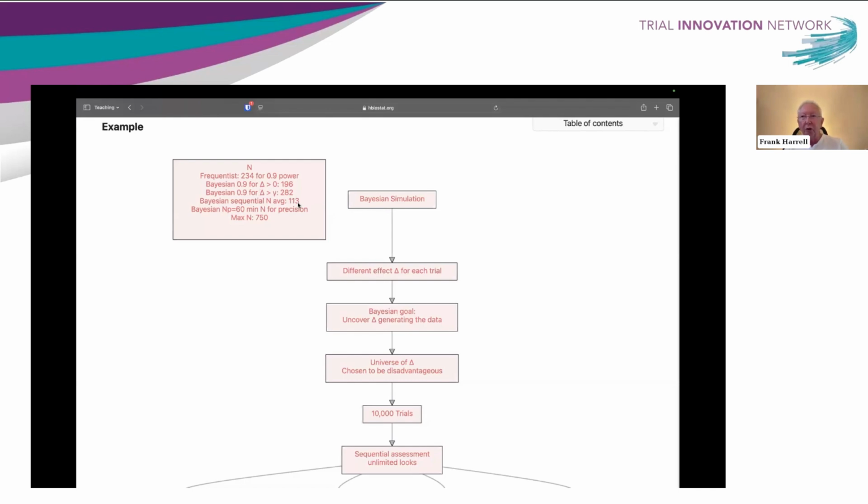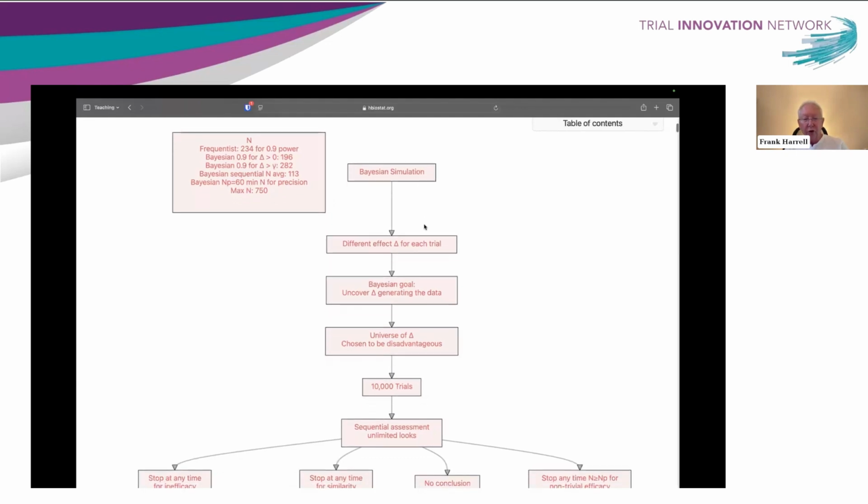So sometimes you'll stop early for efficacy, sometimes for inefficacy, sometimes for similarity, sometimes you don't stop. If you average that over 10,000 trials, the average stopping was at a sample size of 113. Now, the minimum N for estimating precision is 60, so you would never stop before 60 for these reasons. You would only stop with less than 60 patients for reasons of inefficacy. And then we set the maximum N allowable to be 750.